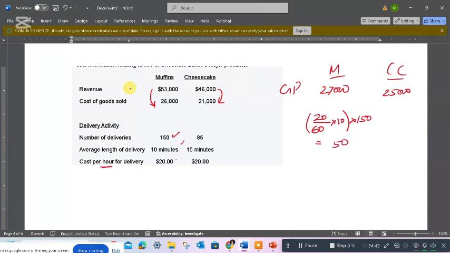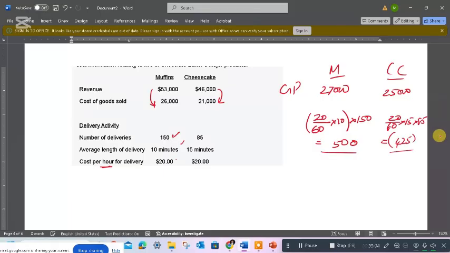Is it 500? 500. Okay, $500. Other one, 20 by 60, 15 minutes, 85 deliveries. 425. 425.